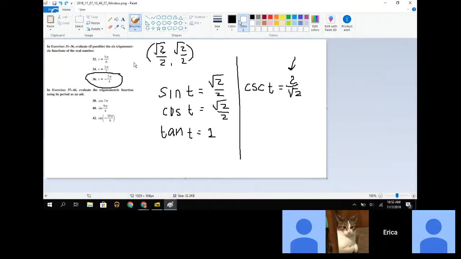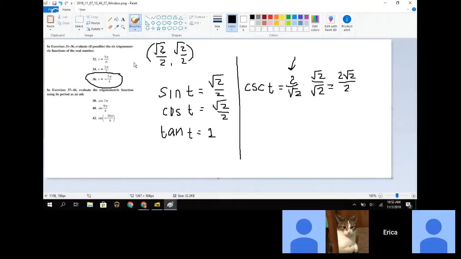Because we don't leave radicals, the square root of 2, in the denominator. So we have to rewrite it, and we do that by multiplying the top and the bottom by the square root of 2. So then what you end up with is 2 times the square root of 2 over 2, or the square root of 2.